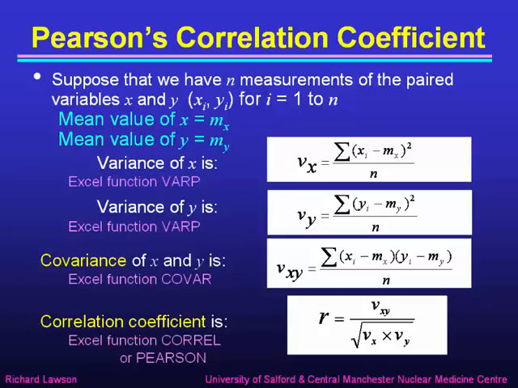So in this perfect situation where xi and yi change perfectly together, we get r is vxy divided by the geometric mean of vx and vy, which, if they're all the same, comes to 1. So r of 1 corresponds to perfect agreement between x and y. So that's why r is a measure of the correlation. It shows how x and y change together.